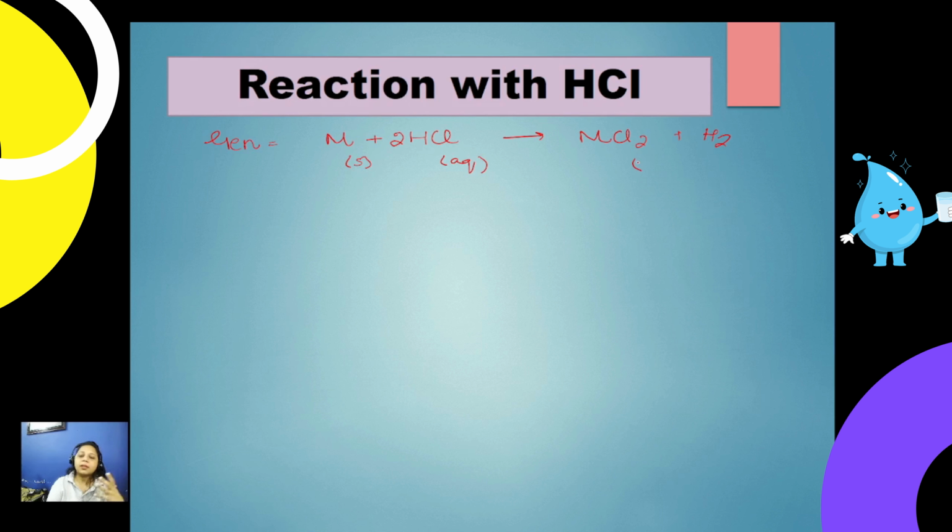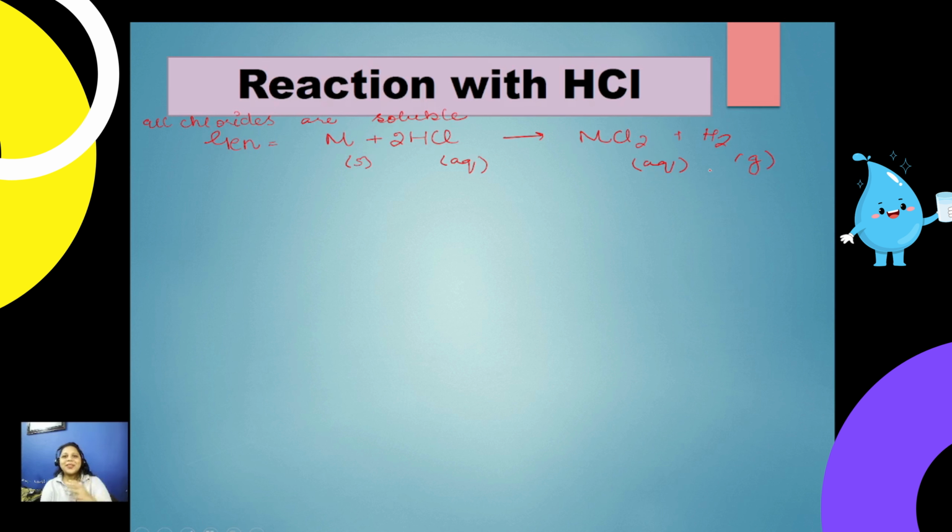So we discussed that all chlorides are soluble. So keep in mind all chlorides are soluble. So we write here the aqueous, and this hydrogen gas is gas.